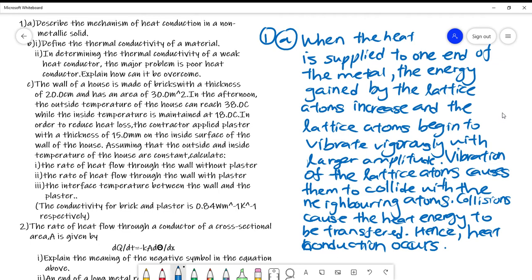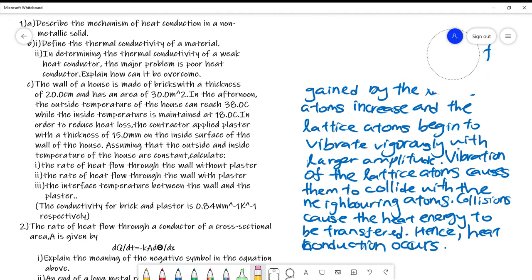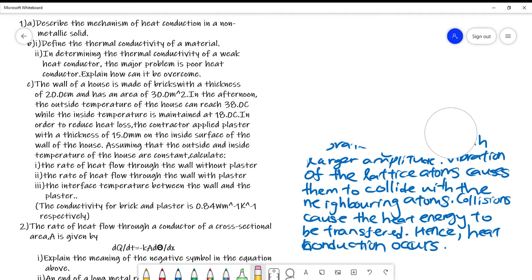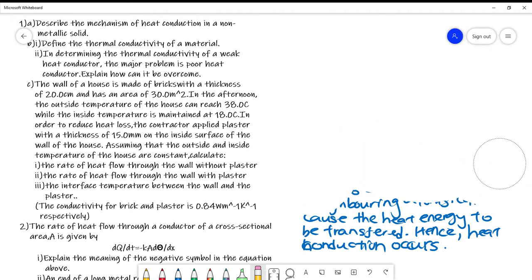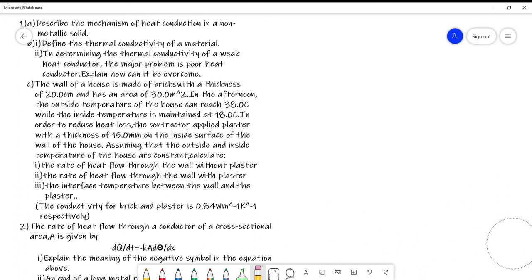Alright, so this is the first question of part A. Let's move on to part B, number 1. Define the thermal conductivity of the materials.